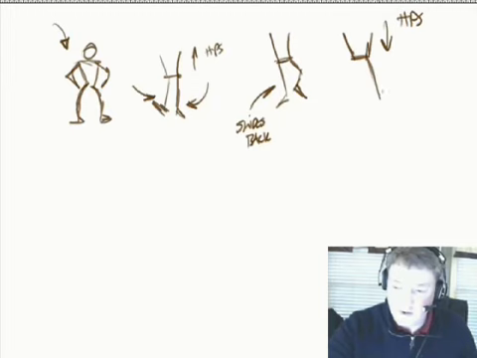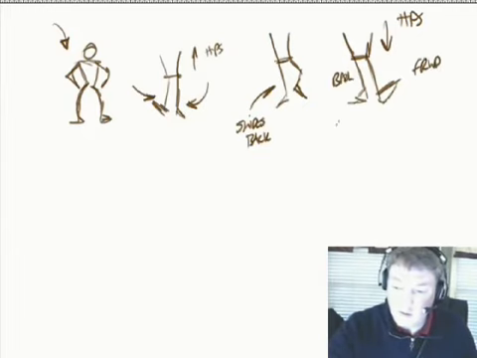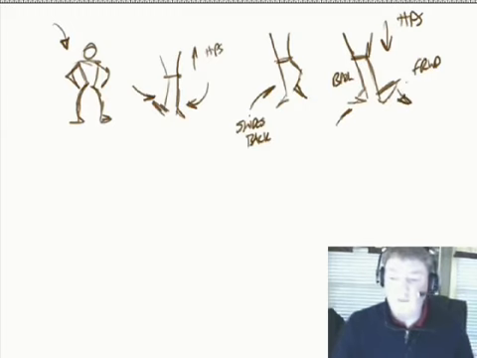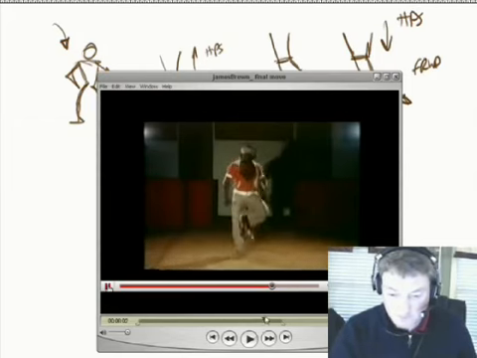And so this leg is now forward, and this one's slid back quite a bit. So this leg is forward, and this one's back. And then he goes through that process one more time, like so.